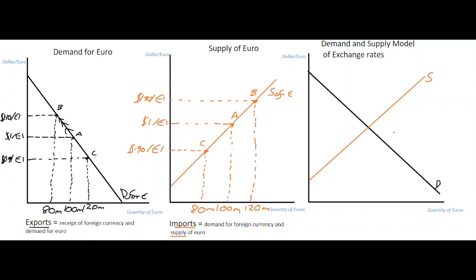The equilibrium point in the demand and supply model is the intersection point of supply and demand, and at this point we derive the equilibrium exchange rate, which is, in our case, we'll just take the example, €1 gives us $1. And at that point there will be an equilibrium quantity of euros on the market. We'll call that 100 million as before, and this will be the going rate or the equilibrium rate as determined by supply and demand for this model here.